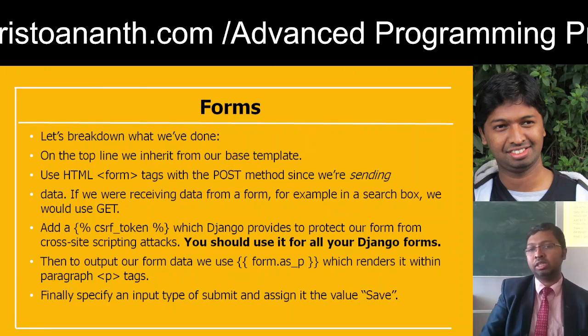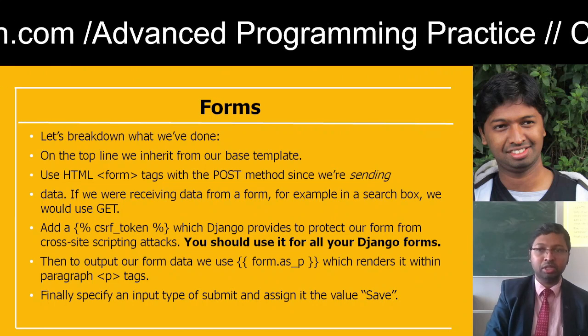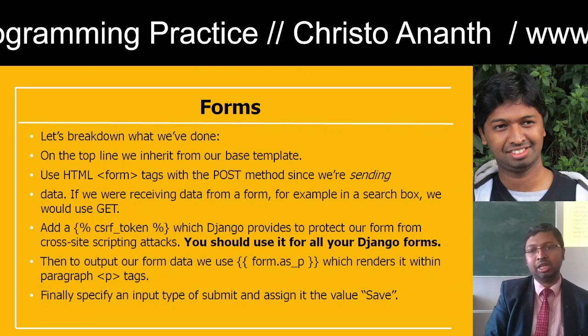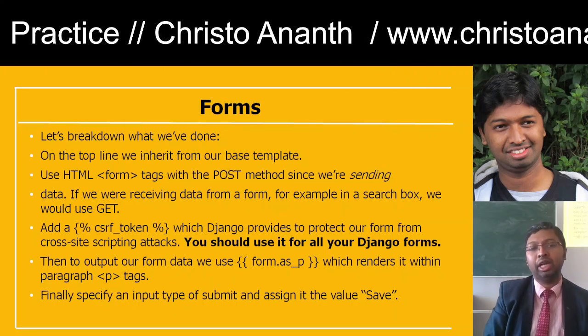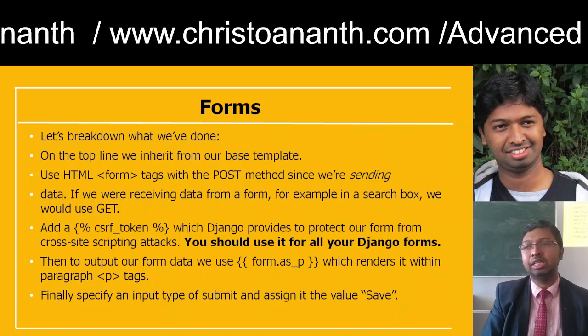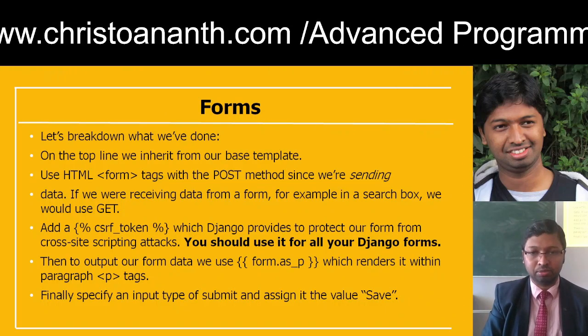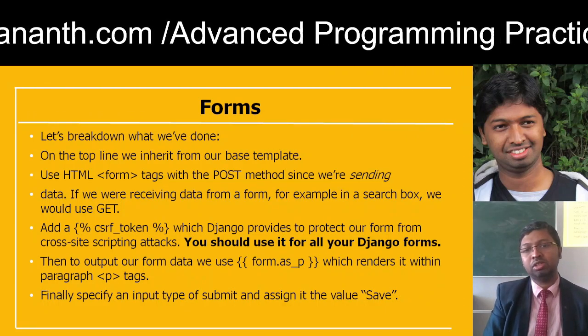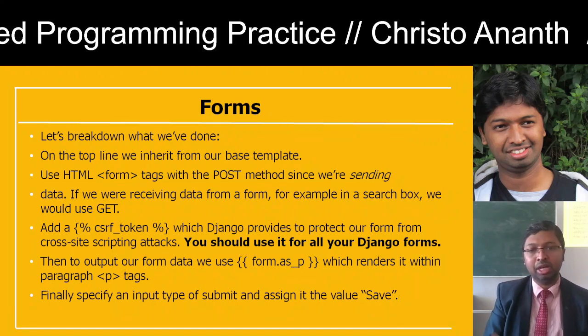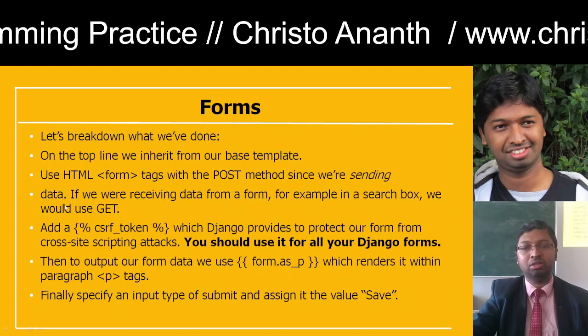If you are receiving data from the form, maybe you will use the get method. CSRF token is to avoid cross-site scripting attacks, and you should be using the CSRF token for all Django forms. Next you have to use form.as_p, maybe within the paragraph tags, and finally you are assigning the value save.